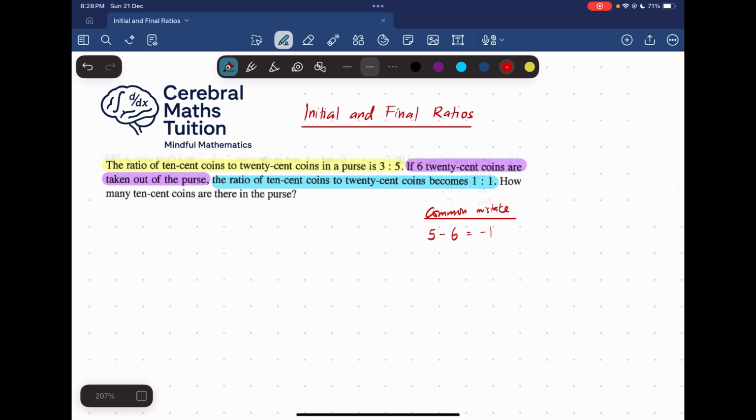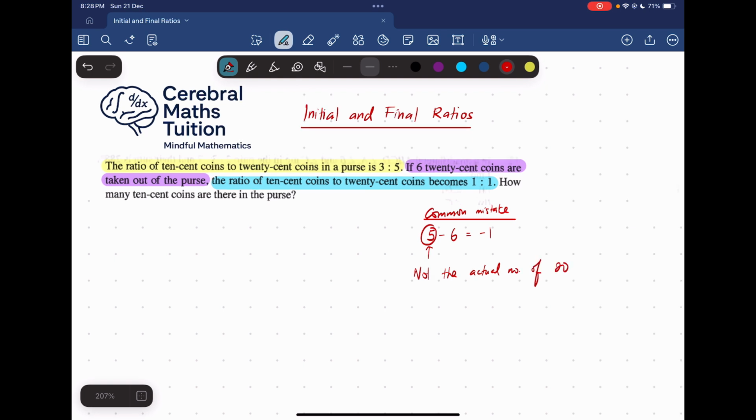So the issue with this, and why this doesn't work, is because this 5 is not the actual number of 20-cent coins. It's just a number, like a number of units in the ratio. So where did this 3:5 come from? 3:5 is a ratio in simplest form.